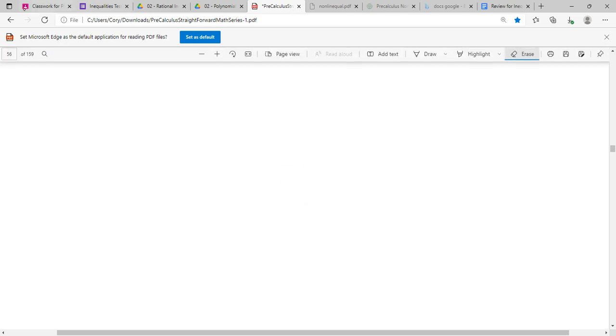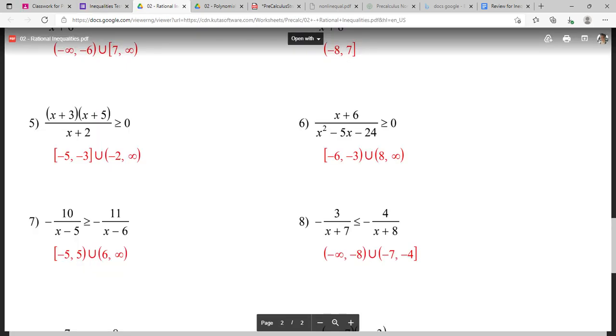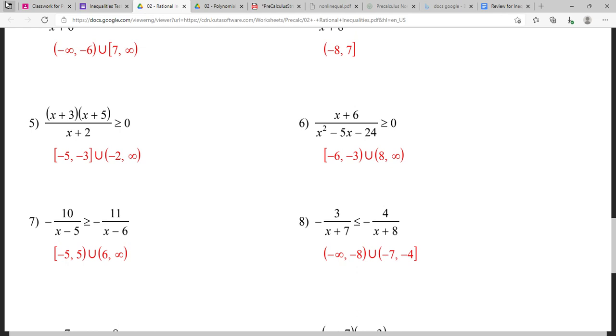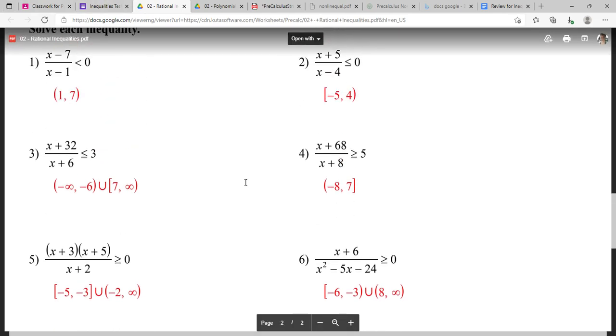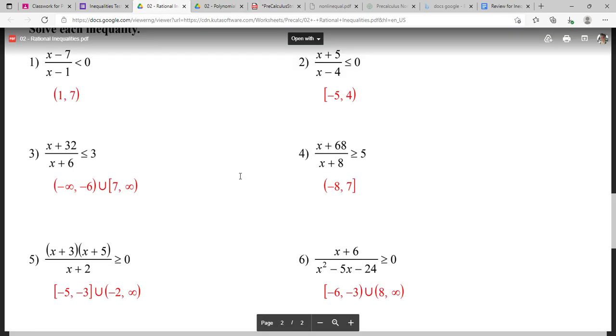Okay, so let's see, what do we got. One where it's set to a number. Alright, x plus 32 over x plus 6 is less than or equal to 3.